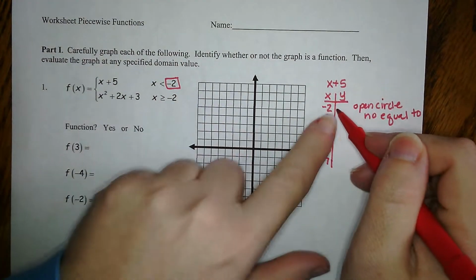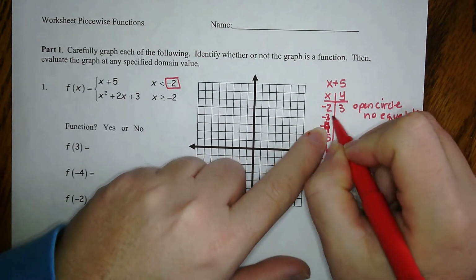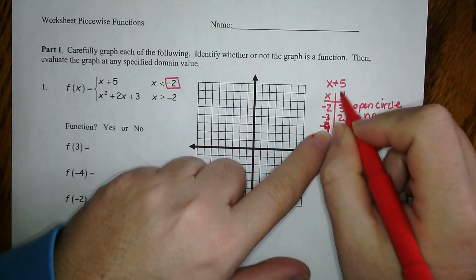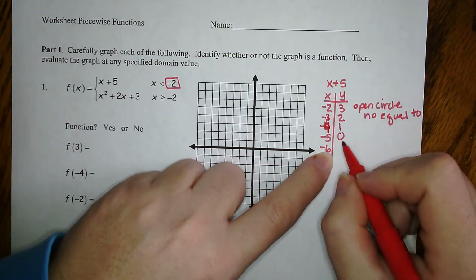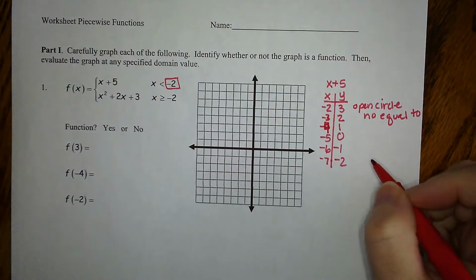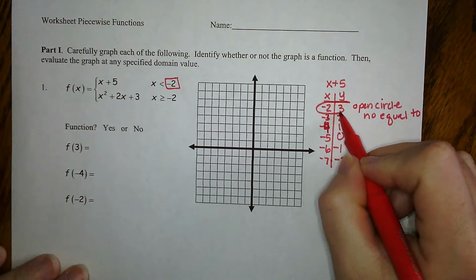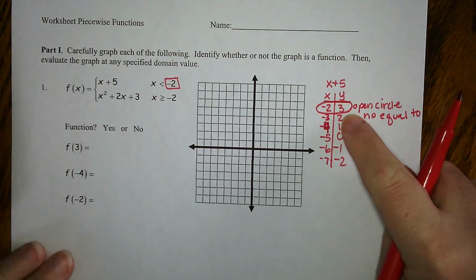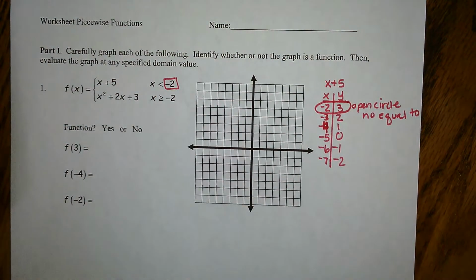Then we're going to plug these numbers into the function. So -2 plus 5 is 3, -3 plus 5 is 2, -4 plus 5 is 1, -5 plus 5 is 0, -6 plus 5 is -1, -7 plus 5 is -2. And then we're going to plot these values. But you have to remember that on this one, -2, 3, it's an open circle again because there's no equal to here.